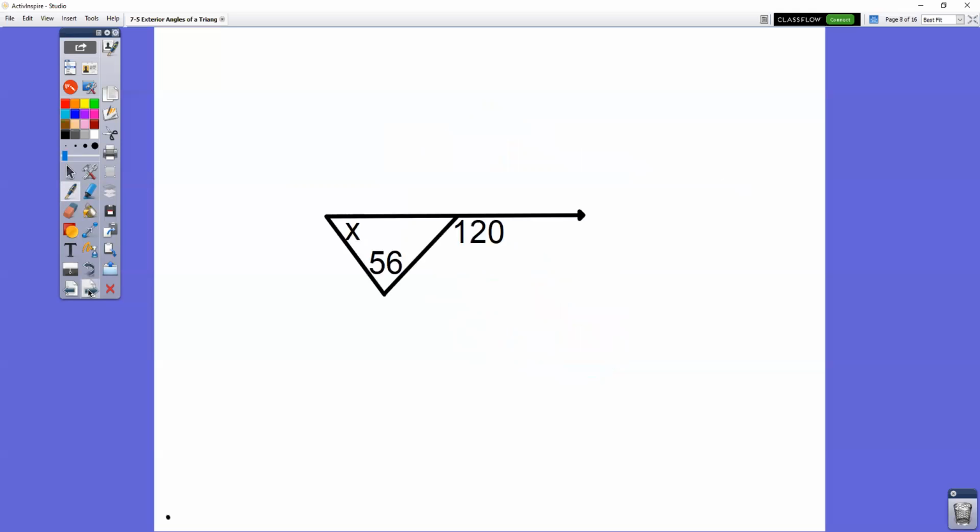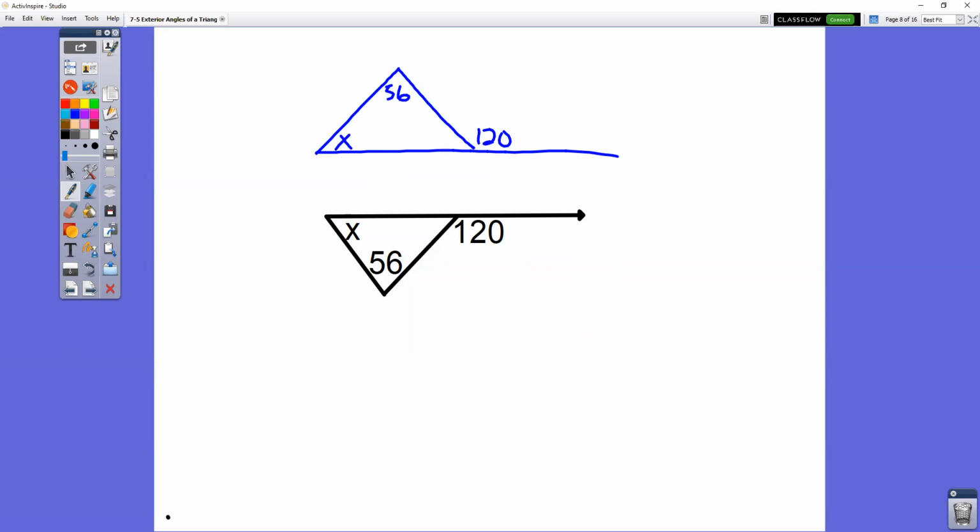Now, one of the ways that they're going to try and trick you, they're not always going to be facing straight up, all right? If you get a question that looks like this, it's just drawn upside down. I could redraw this picture. The outside angle here is 120. This top angle is 56, and this angle is our x.